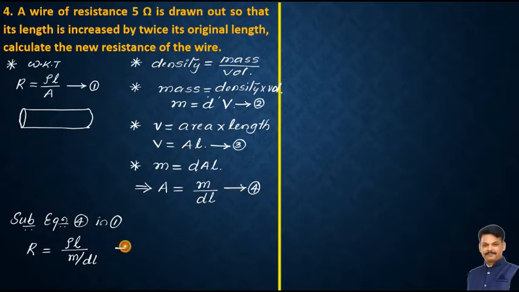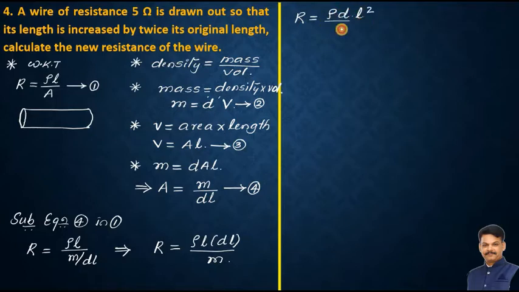Or it can also be written as R is equal to rho L into density into length divided by M. Or R can be written as rho into density into length square divided by M.